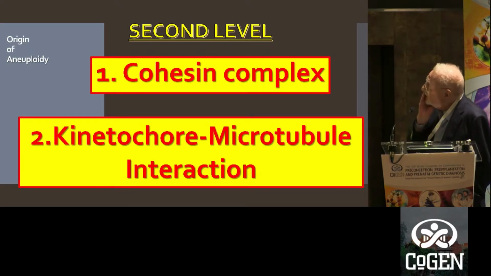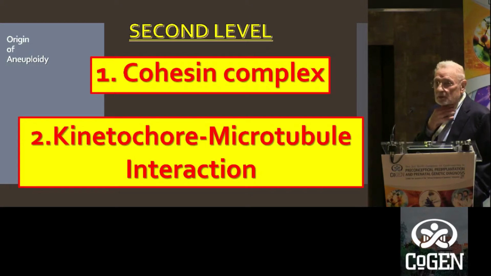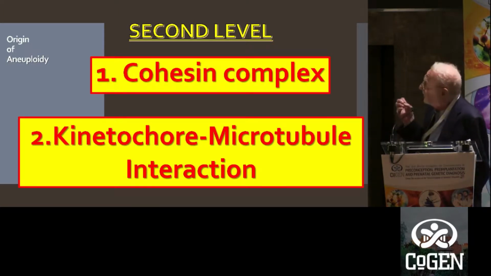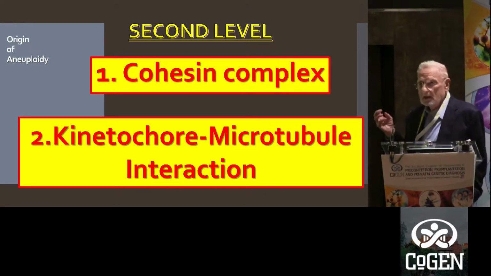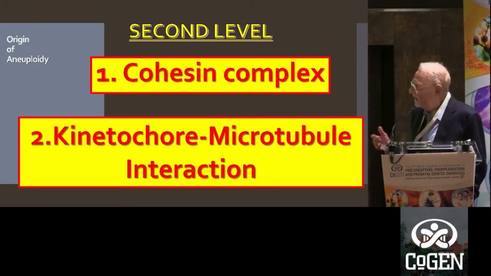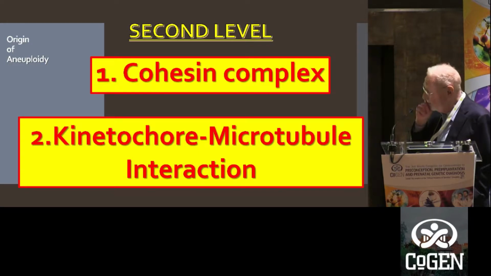There are two major explanations for the origin of aneuploidy. One involves the cohesion complex, and the other kinetochore-microtubule interactions. The cohesion complex is actually a simplified term for a series of biochemical actions and reactions, as is true for the kinetochore microtubules.